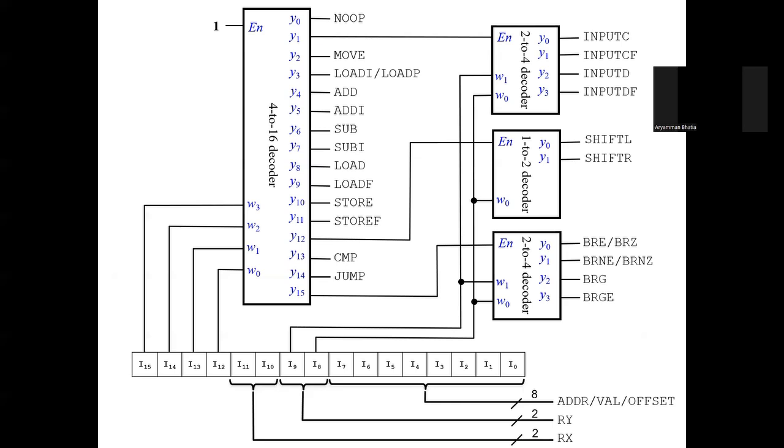So for many of the operations, we get 4 free values we can use to control some control signals, and for the rest we have the two values, right? The rest of the 8 bits contain the part of the instruction which is not related to choosing the operation code.